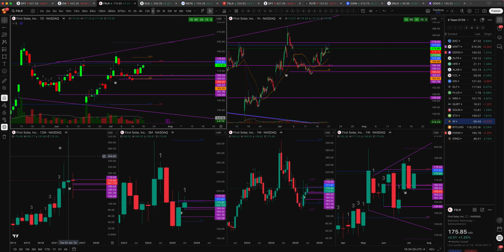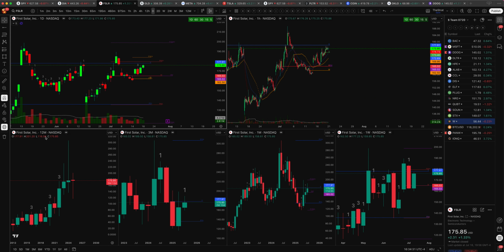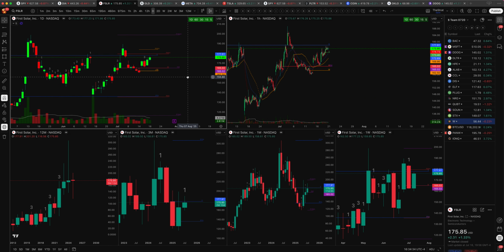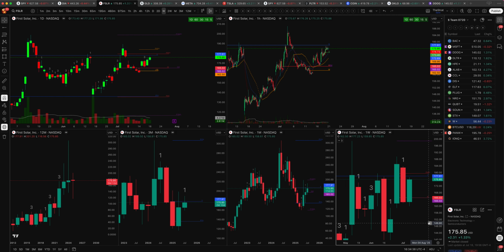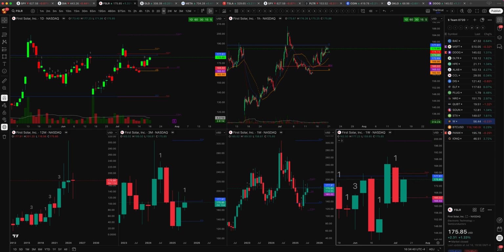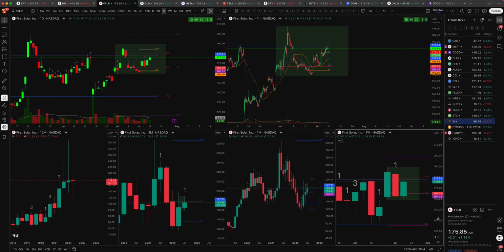Lots of lines here, let's clean it up. Wait, weekly? Weekly is not mother bar. Well, it's not technically within it. June 30th, right, the previous one. Yeah, this is a mother bar. Yes, technically. So this is what Alex coined the soft rev strat.